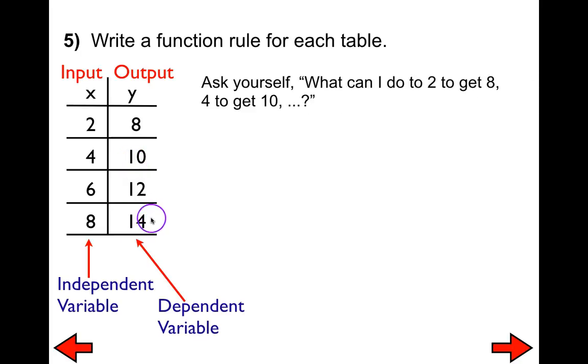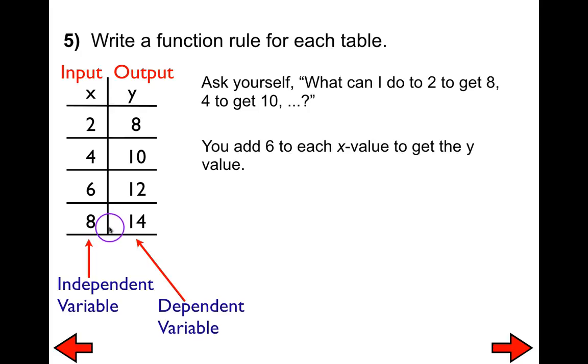Okay, what I want you to do is try to think of a function rule. You're thinking right now, what can you do to 2 to give you an 8? And does that rule apply to starting with the 4 and getting a 10? For example, a lot of students might say, oh, 2 times 4 gives you 8. And that's totally true. However, does 4 times 4 give you 10? No. So you need to make sure this function rule works for all of these different inputs and outputs.